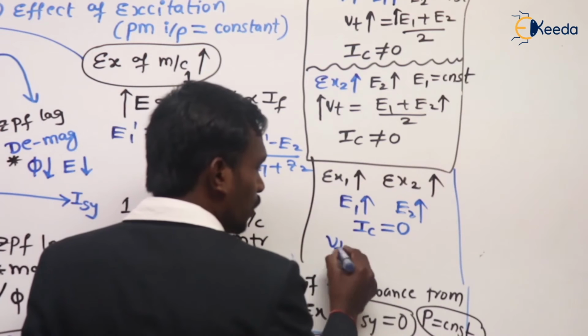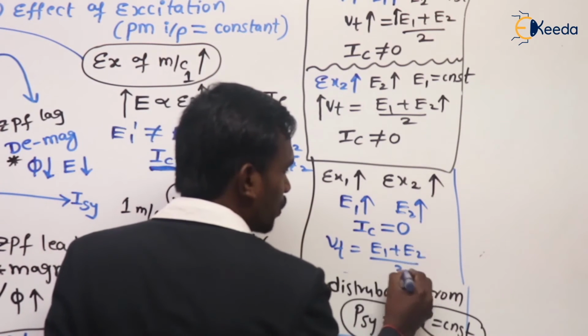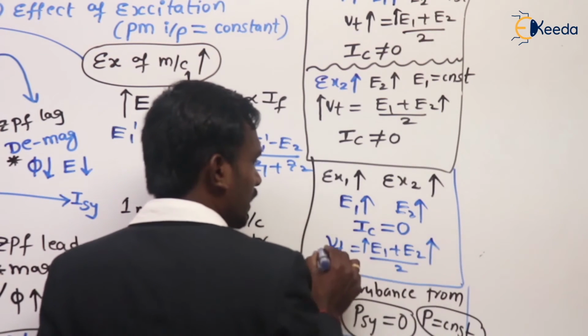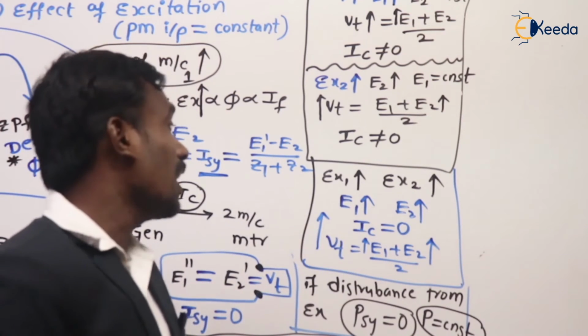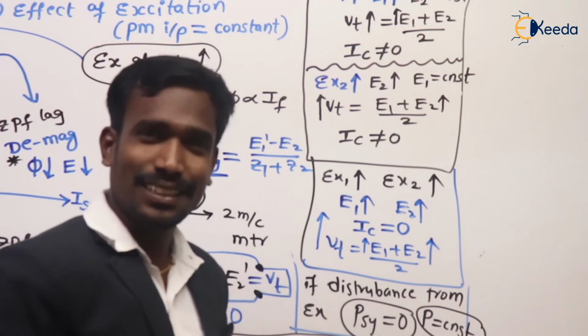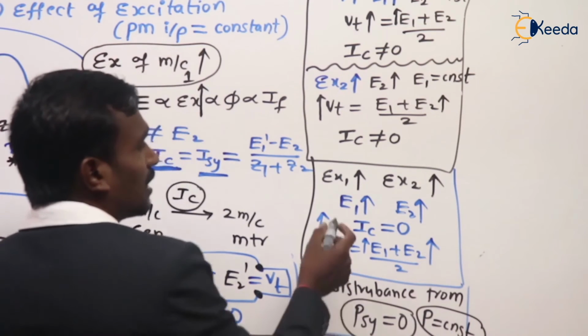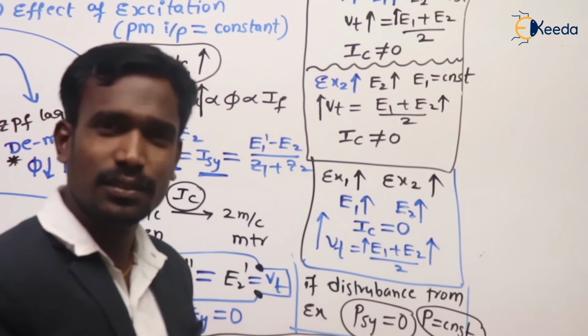And the terminal voltage E1 plus E2 upon 2, when E1 increases and E2 increases, ultimately the terminal voltage increases. There is no difficulty. So this is the third case, excitation of machine 1 and machine 2 increases.